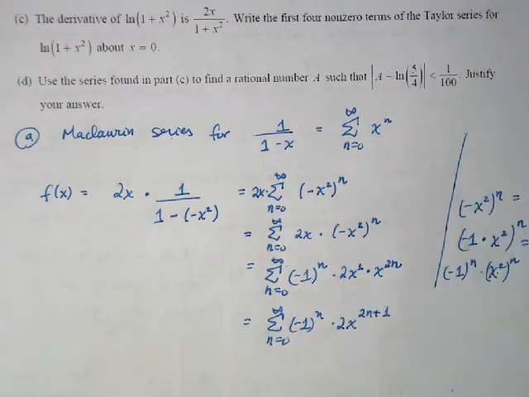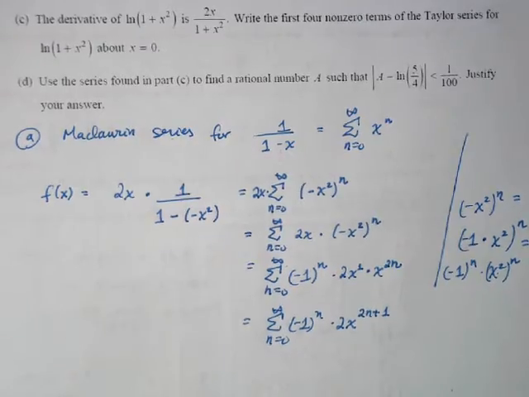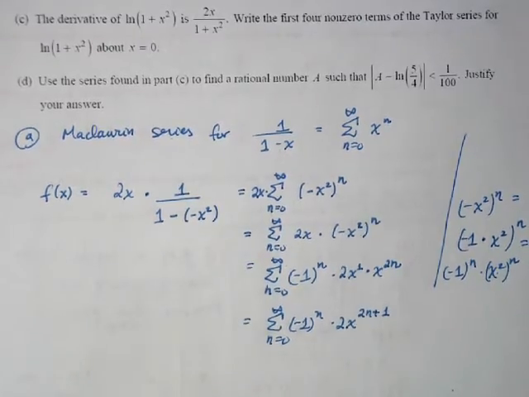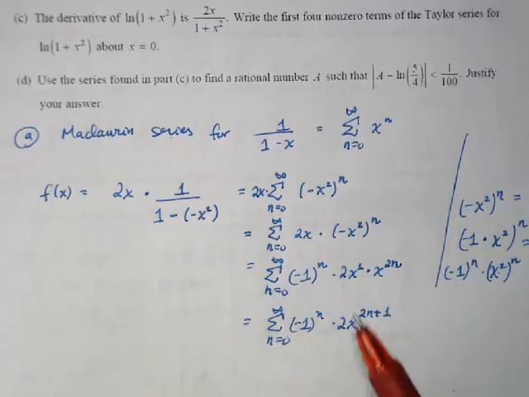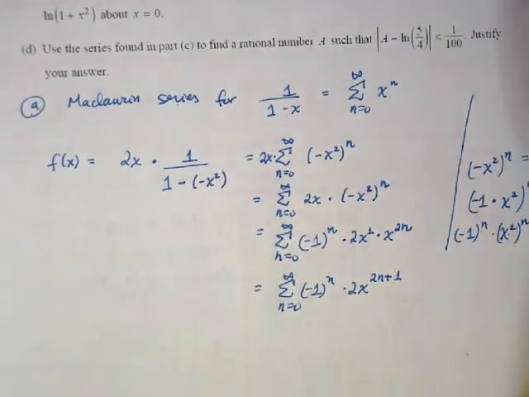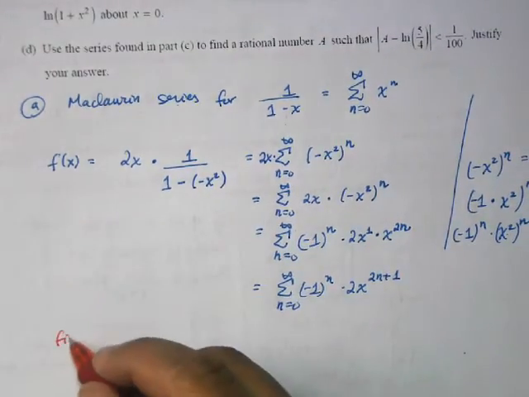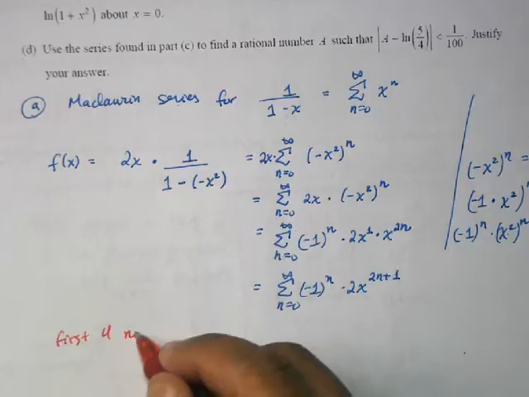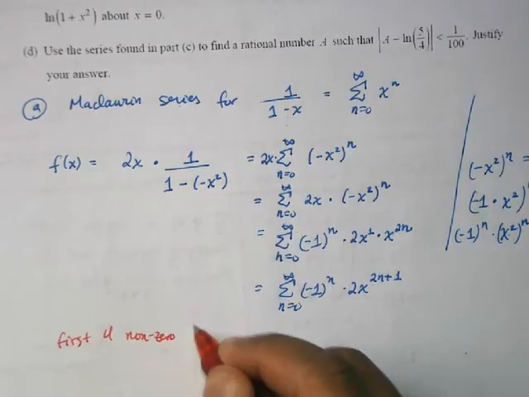Now I have to write the first four non-zero terms. So let's see what I get when I plug in n equals 0, n equals 1, and n equals 2, and so on. So the first four non-zero terms.